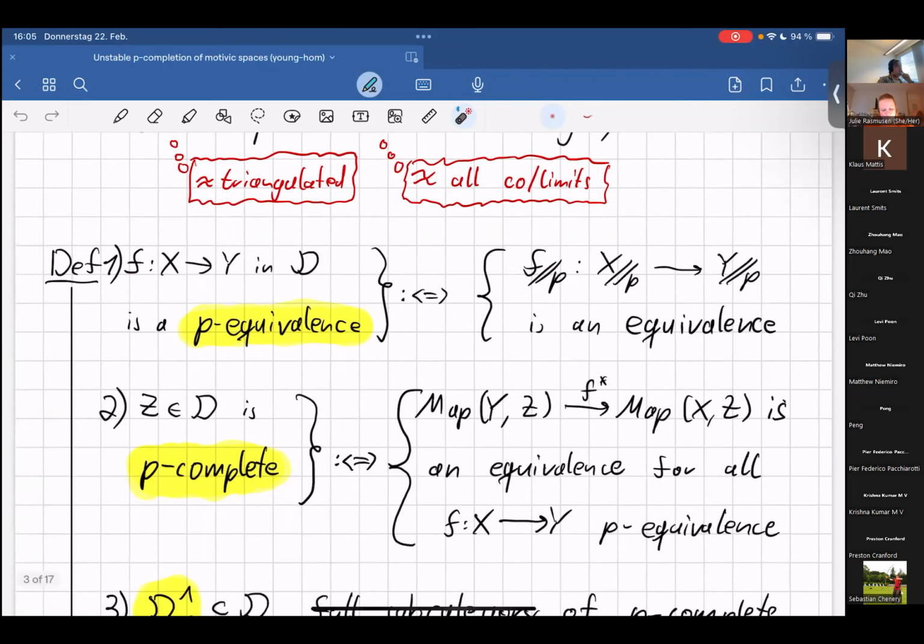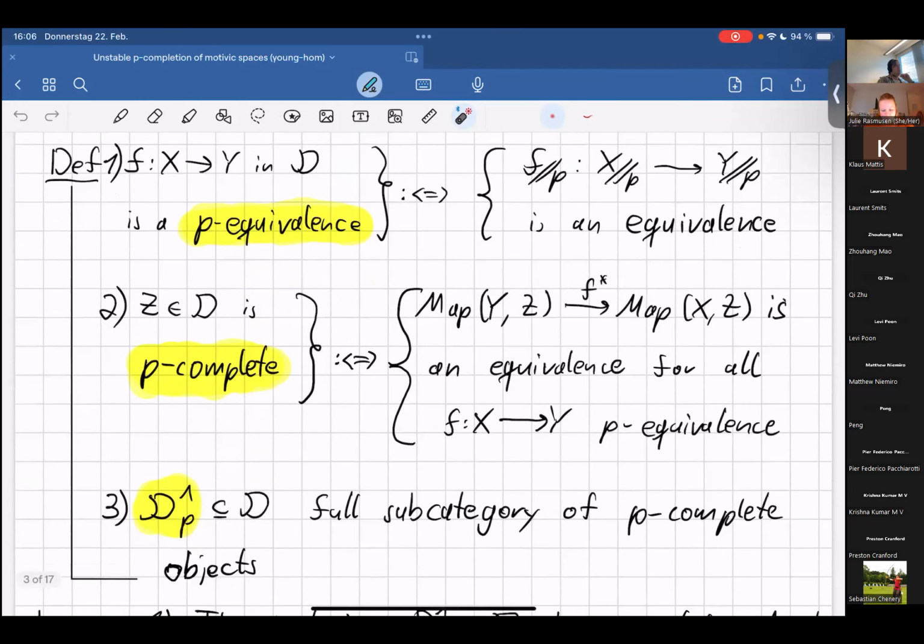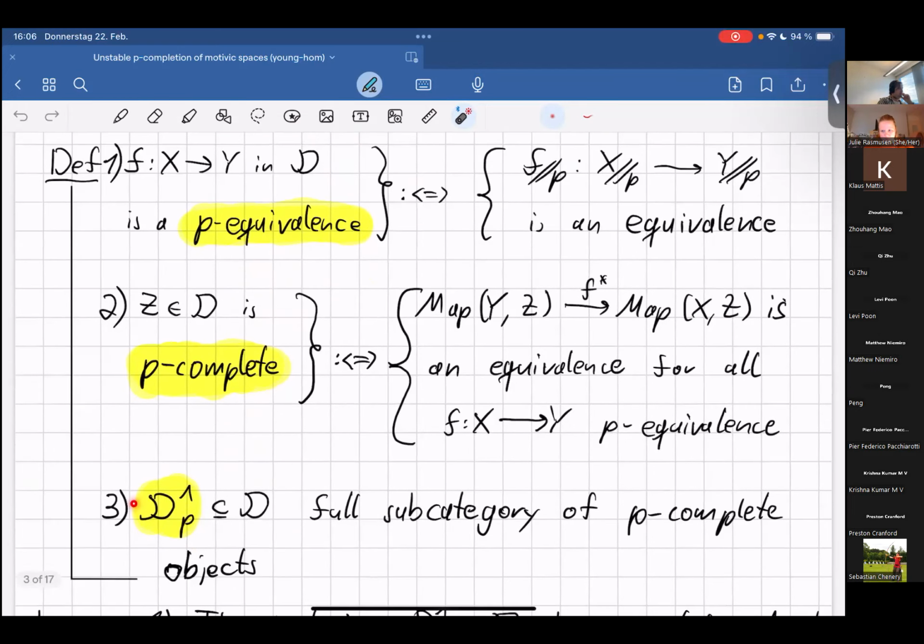This means if you take some p-equivalence f from X to Y in D, then f induces on mapping spaces from Y to Z to X to Z an equivalence. So these p-complete objects are exactly those objects which see p-equivalences as equivalences. Then we can write D_p hat for the full subcategory in D consisting exactly of these p-complete objects.